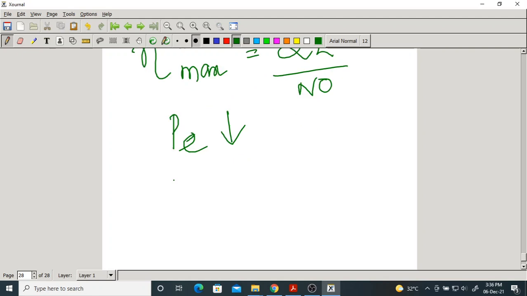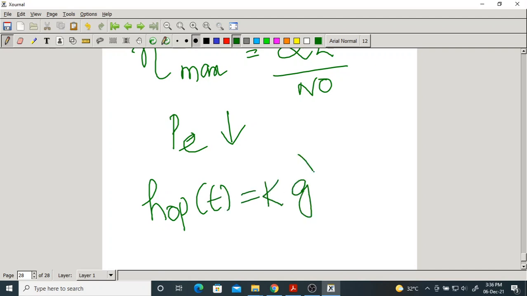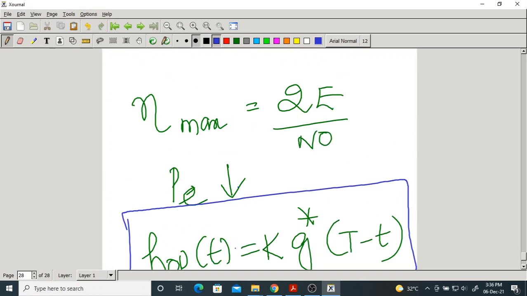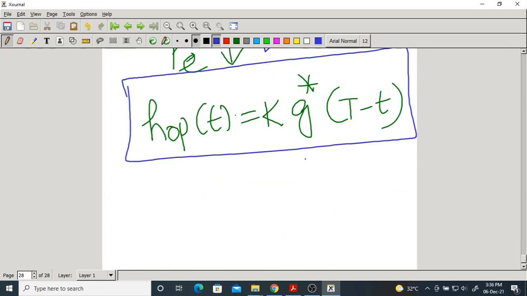Whenever the filter impulse response is some constant k times g conjugate of capital T minus small t, we get maximum SNR, and the probability of error will be minimum. If it is a real signal, we generally write only capital T minus t. The impulse response of the filter is the reversed and shifted version of the input signal.